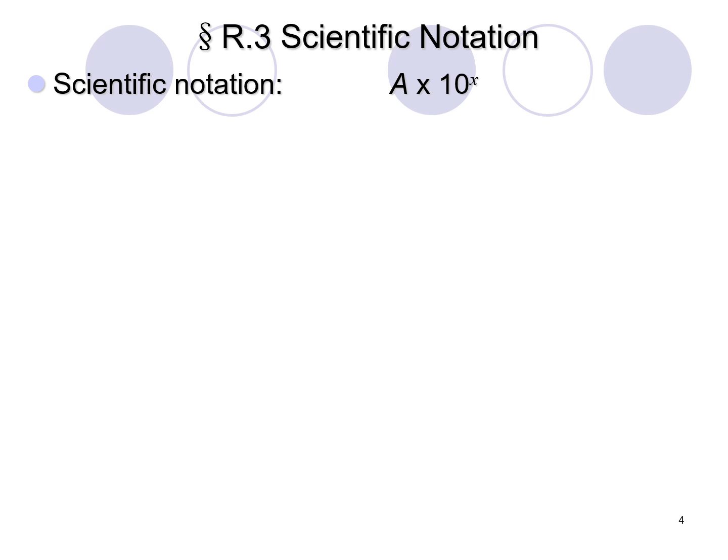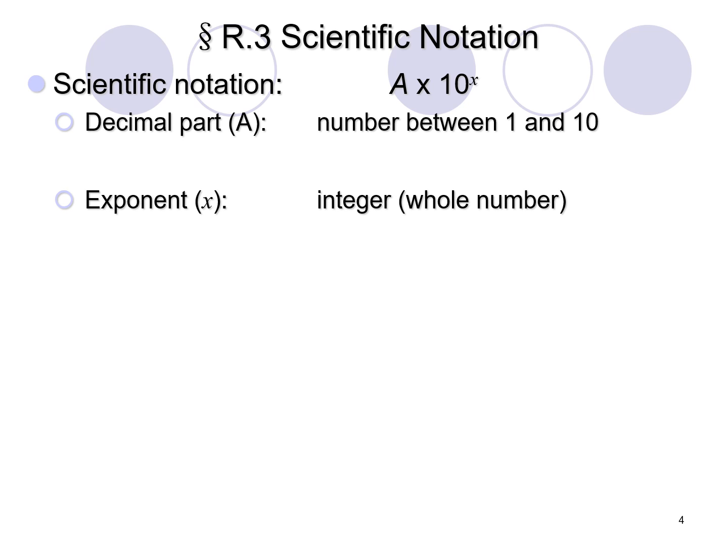It has 2 parts as we see: A, and the second part, 10 to the x power. The first part we call the decimal part. The decimal part must be a number between 1 and 10. The only function of that part is to let us know just how many sig figs are in our value. You may wonder what happens to the leading zero, because leading zeros are not allowed in the decimal part. The number must be between 1 and 10.